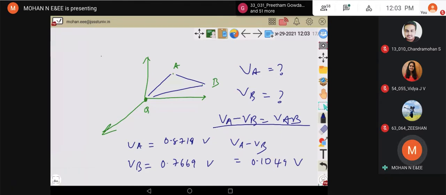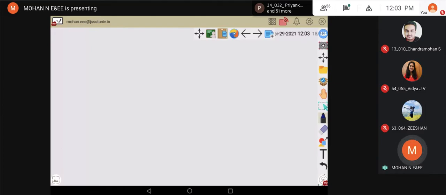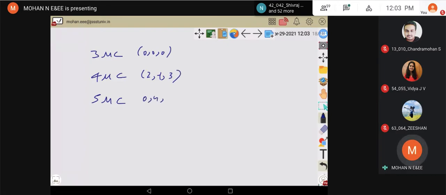Yes. Next problem, last problem today. So there are three charges: 3 microcoulomb, 4 microcoulomb, and 5 microcoulomb located at (0, 0, 0), (2, -1, 3), and (0, 4, -2).